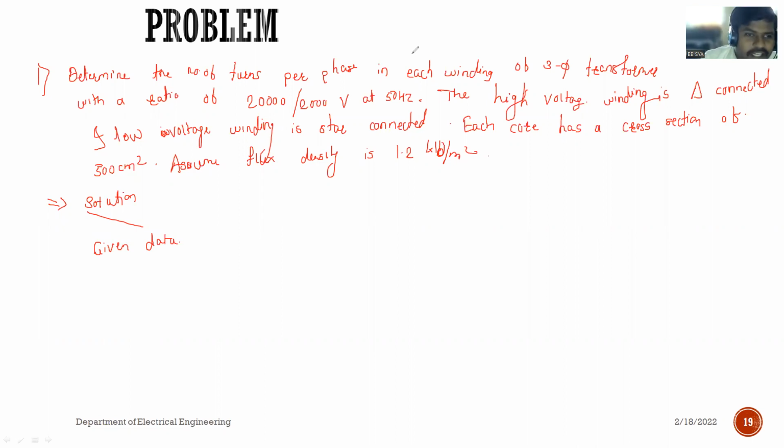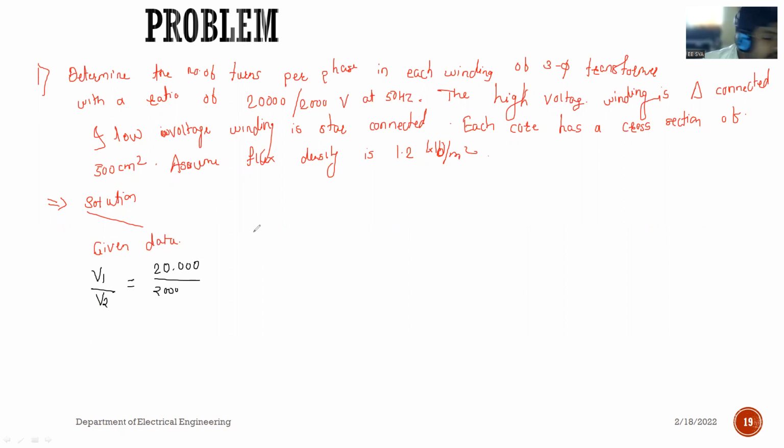The voltage ratio V1 by V2 is given, whether it is primary divided by secondary or secondary divided by primary, whether primary is high voltage or secondary is high voltage. Suppose we represent primary voltage V1 divided by secondary voltage V2. It is given 20,000 volt divided by 200 volt.